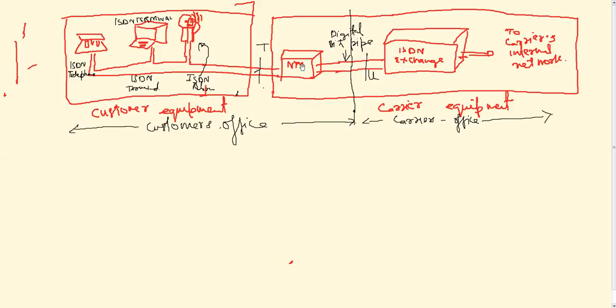So we place an NT1 network terminating device on the customer's premises, and this is connected to the ISDN exchange, which happens to be at the carrier's office. Whosoever the carrier is, for example BSNL, that ISDN exchange is going to be there. So that's going to be far away.